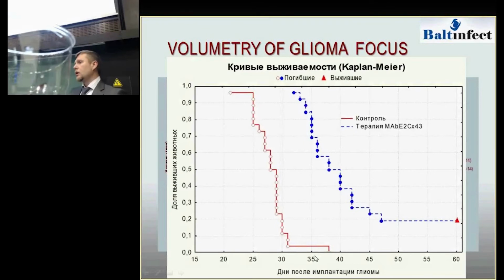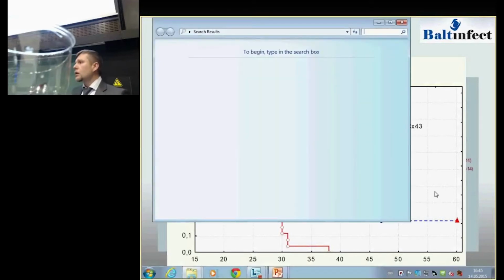So it's rather interesting results, and we believe that we could repeat such results, not even in the rat glioma model, but in primary gliomas, in immunodeficient animals.